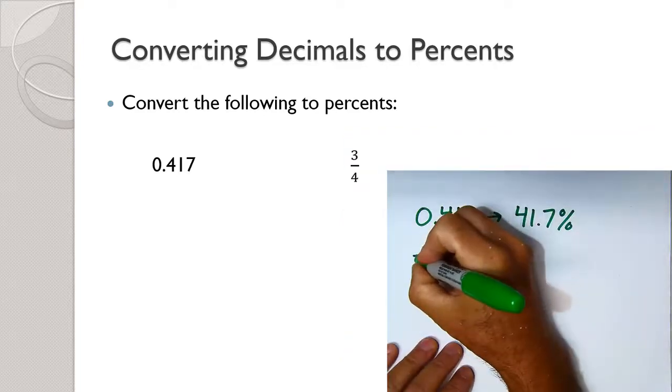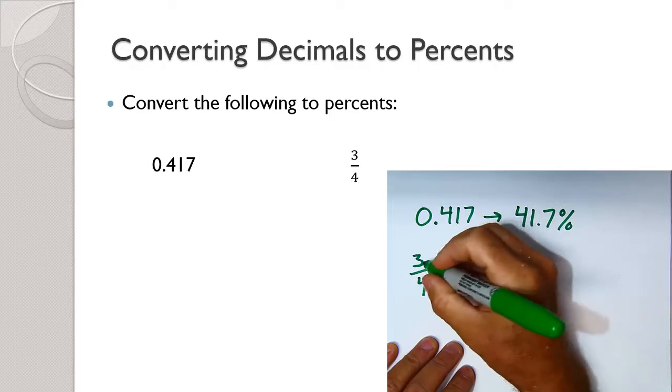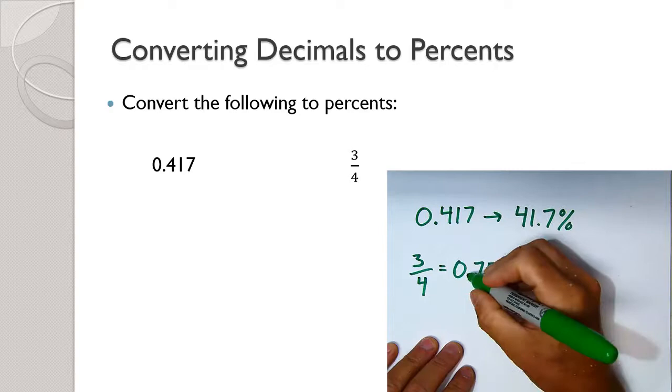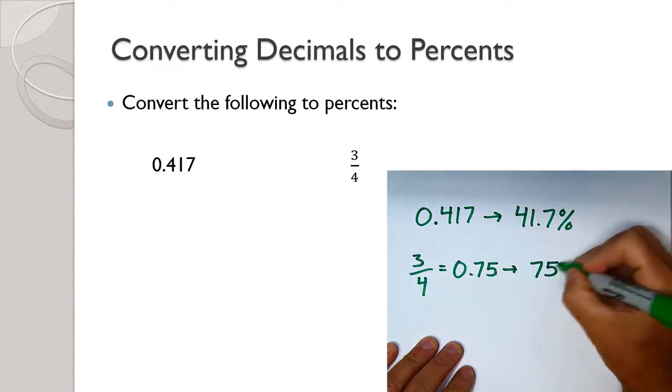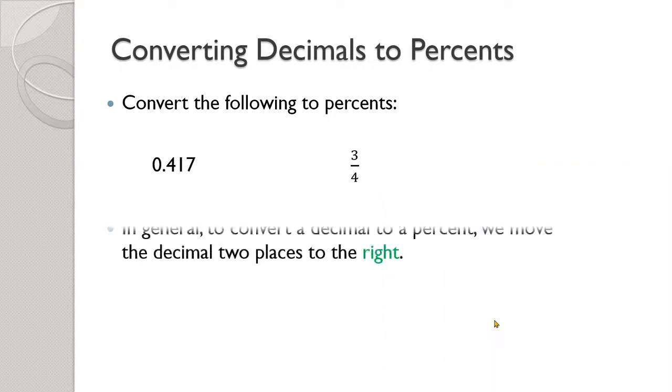And if we have a fraction like 3/4, first we'll just divide to turn that into a decimal. That one we know is 0.75. Then move the decimal 2 places to the percent sign and this becomes 75%.